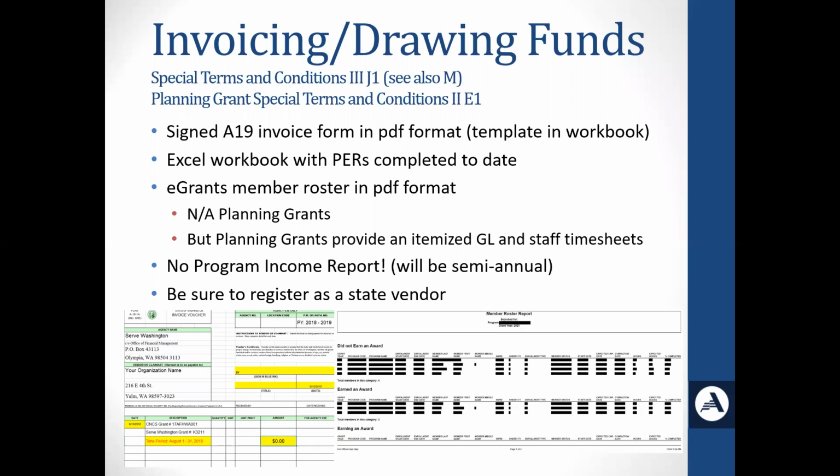Usually somebody finds that, and then I have to reach out and we have to narrow down where it is. So if you're going to make a change to a prior month's PER, please alert me to that.